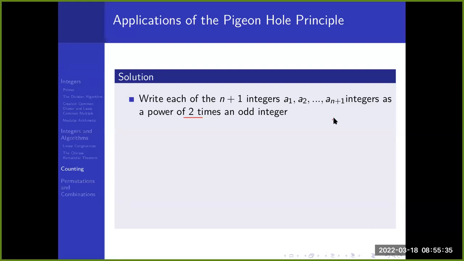For instance, if I have 3, then I can write it as 2 raised to 0 multiplied by 3. If I have 10, I can simply write it as 2 times 5, right? So we can always write a positive integer as some power of 2 multiplied by an odd integer. This is always possible, right?